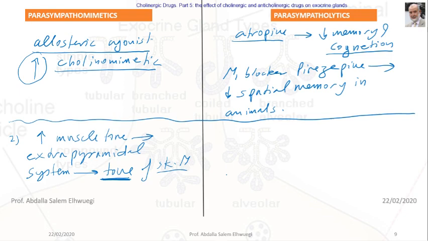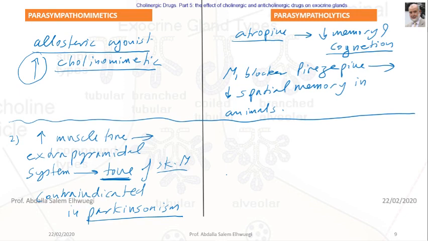Therefore, cholinergic stimulation at the substantia nigra increases the muscle tone, and in this case they are contraindicated in Parkinsonism, because in Parkinsonism there is disbalance between dopamine and acetylcholine in substantia nigra.